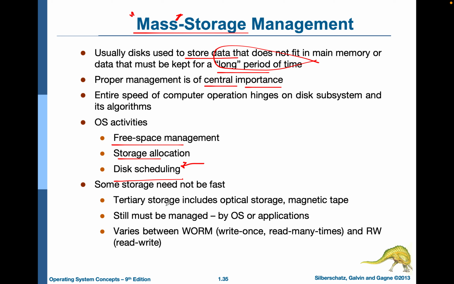Okay, so there are several storage types, including tertiary storage, which includes optical storage and magnetic tape, and these must still be managed by your OS or the applications themselves, like your computer or devices, your own machines.